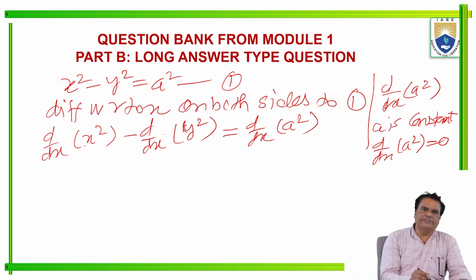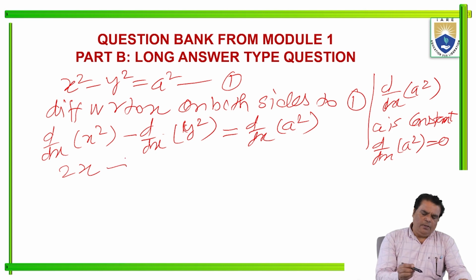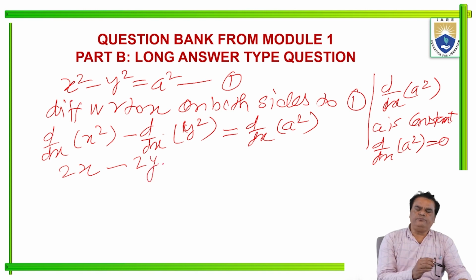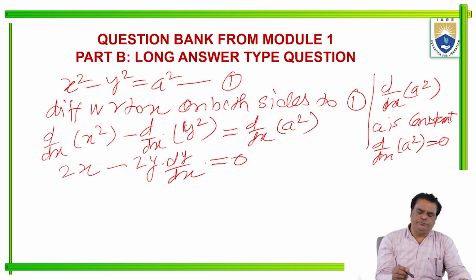The differential of x square with respect to x is 2x. Differentiation of y square with respect to x is 2y, and again the differentiation of y with respect to x, dy dx. This is equal to 0.